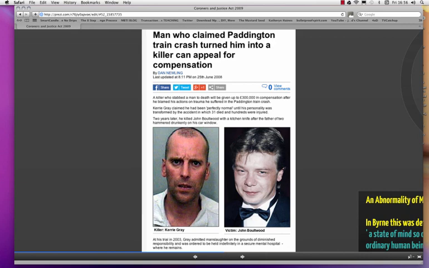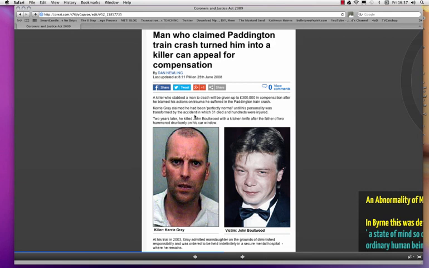So if you have a look at this, a man who claimed the Paddington train crash turned him into a killer. He stabbed a man to death and blamed his actions on trauma that he suffered in the Paddington train crash. So he was pleading post-traumatic stress disorder. He claimed he'd been perfectly normal until his personality was transformed by the accident.